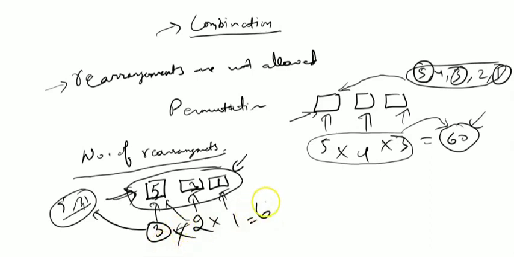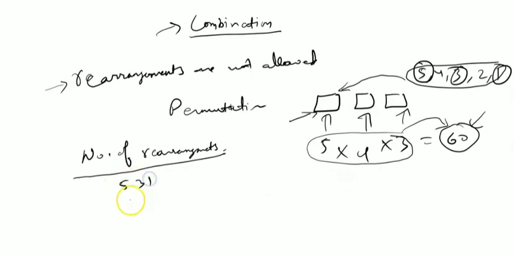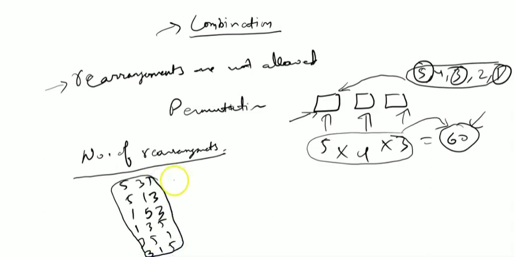So there are 6 possible ways in which 531 can be rearranged, and they are 531, 513, 153, 135, 351, and 315. These are the 6 possible rearrangements using 1, 3, 5 as choices.